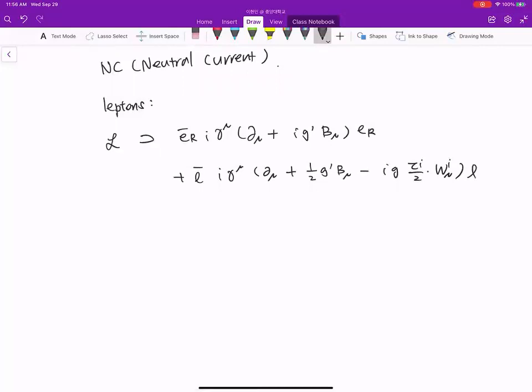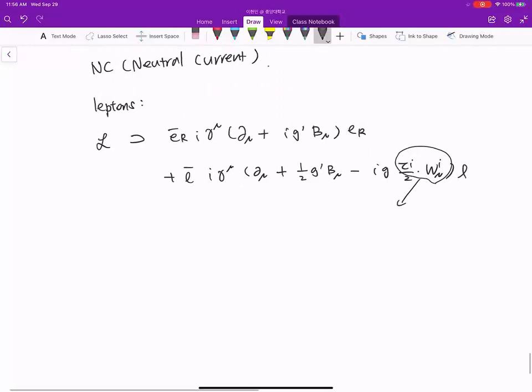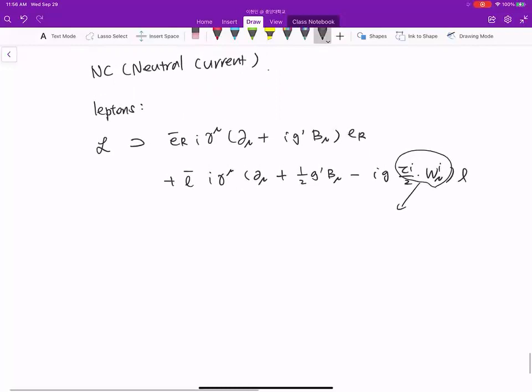All right, then this term contains both neutral and charged gauge bosons.